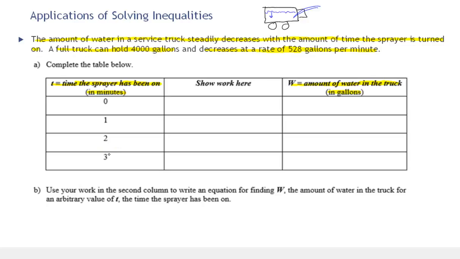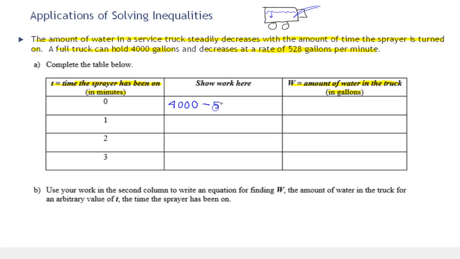So notice we're looking at a variable as a changing value instead of a specific value. We're going to find how much water corresponds to 0 minutes, 1 minute, 2 minutes, etc. So now the sprayer has been on 0 minutes. You probably know the full truck starts at 4,000, so it's tempting to just put 4,000, but we're going to put a little more information here. We're still going to relate it to it decreasing, so we're going to subtract off 528 gallons per minute.